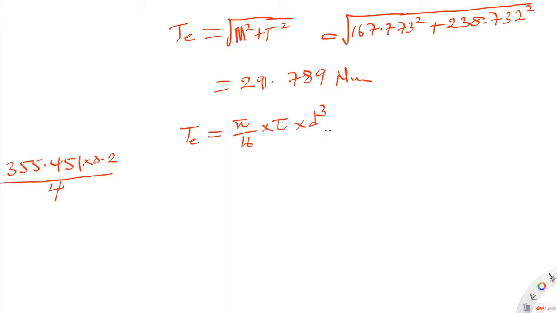We already know TE, and the allowable shear stress was given, so we can now calculate the diameter. The diameter will be equal to the cubic root of 16 TE divided by pi times tau.